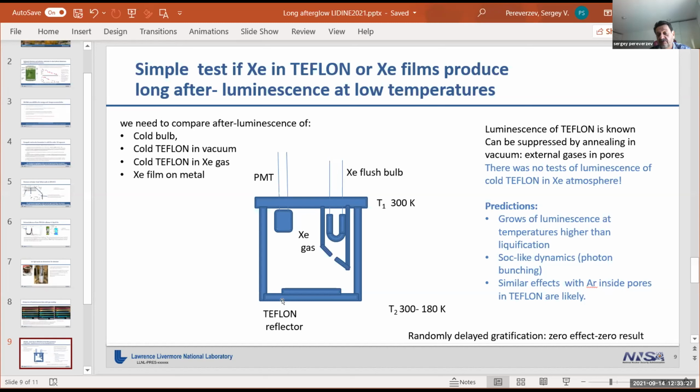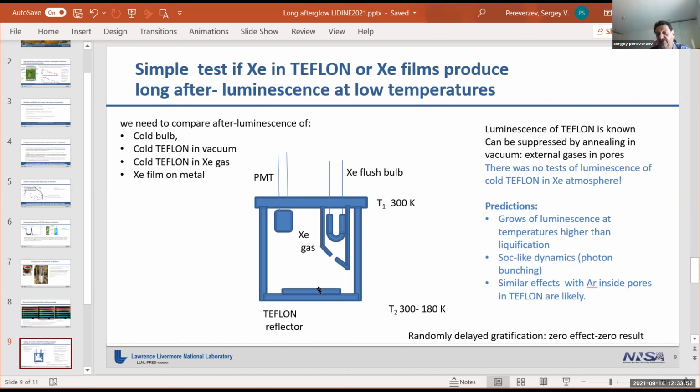I would expect that when I cool the bottom of the detector, the length of my luminescence signals after light sparks will be rising. And another characteristic one should look at here is few-electron events or photon bunching in this light coming from Teflon.